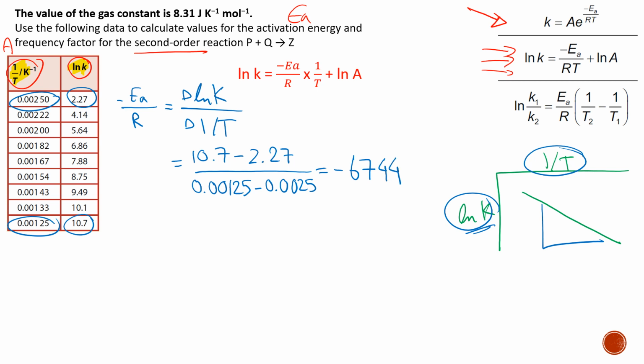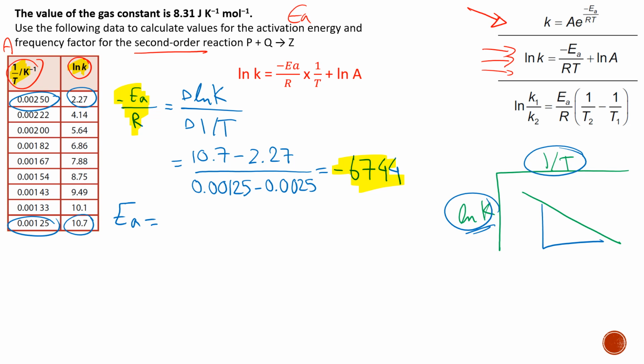We have to keep in mind that this value is for negative EA over R, which is equal to negative 6744.